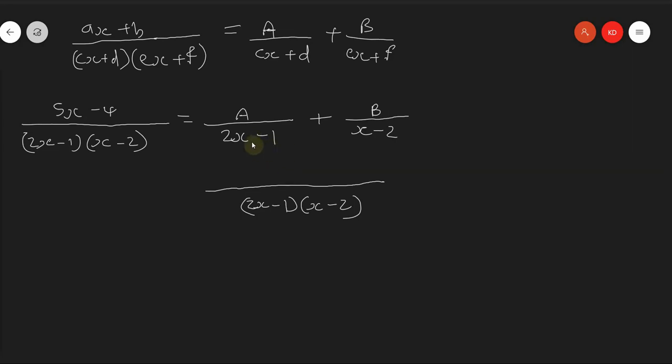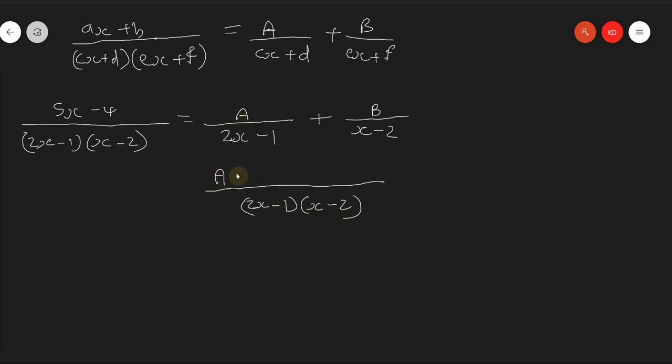Now when we're adding, we're going to divide the denominator of this fraction into the denominator here, and if we divide this product by 2x minus 1, 2x minus 1 is going to cancel out, leaving us with x minus 2.